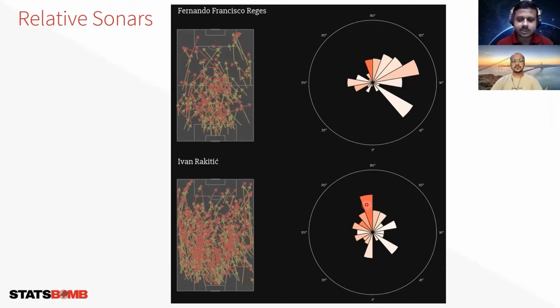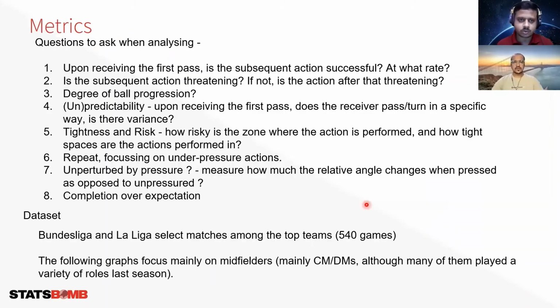This gives us a neat and concise depiction of how players tend to turn with the ball. This might or might not be indicative of skill. This could also be indicative of tendencies of the players. So we are going to look at a few more metrics to analyze this skill or tendency.